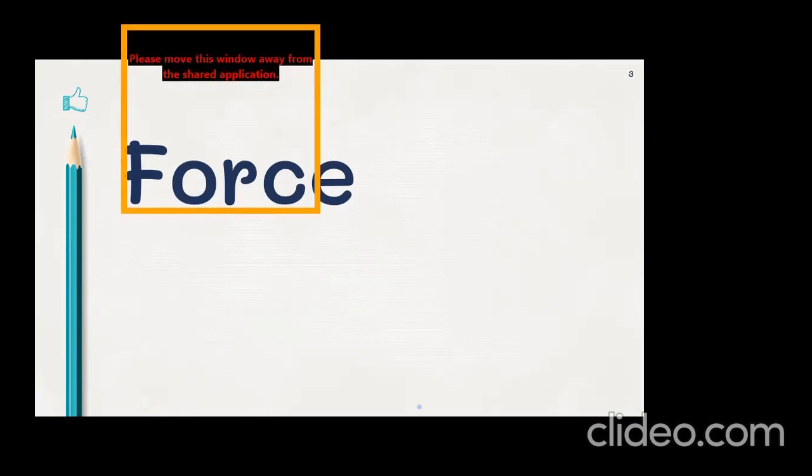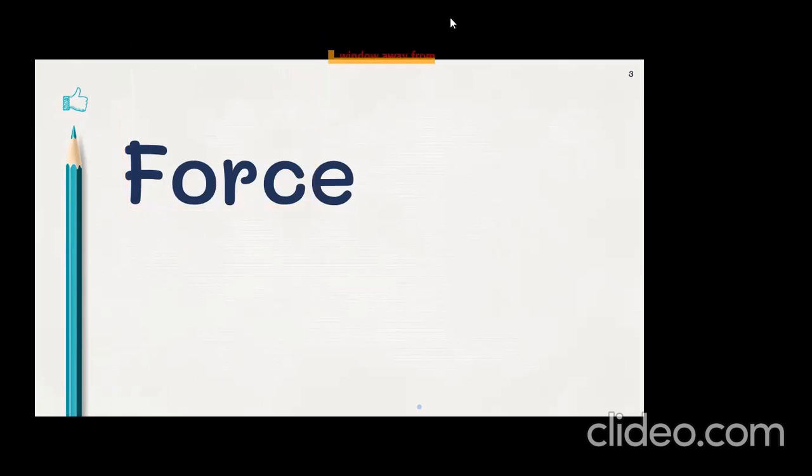Right. Okay, now force. What is a force? Write down the definition of force in the chat box. What is a force? The simple, very straightforward definition of force. How do we define force?